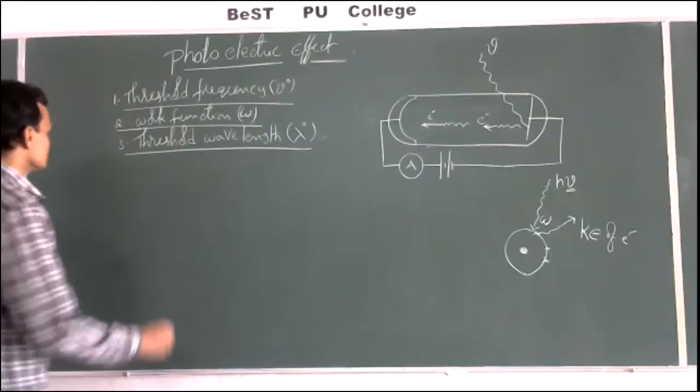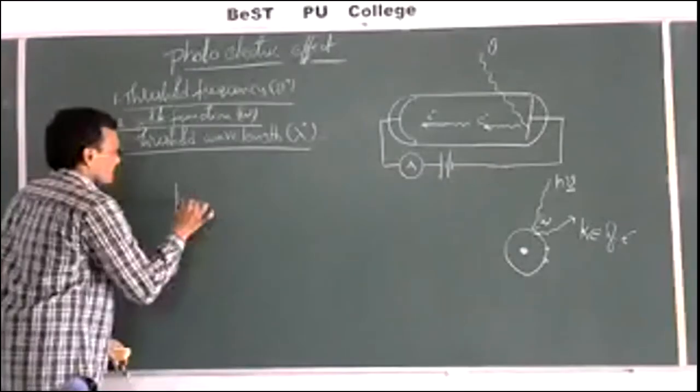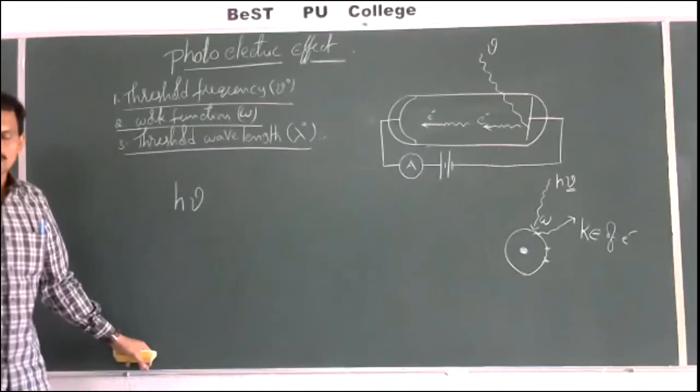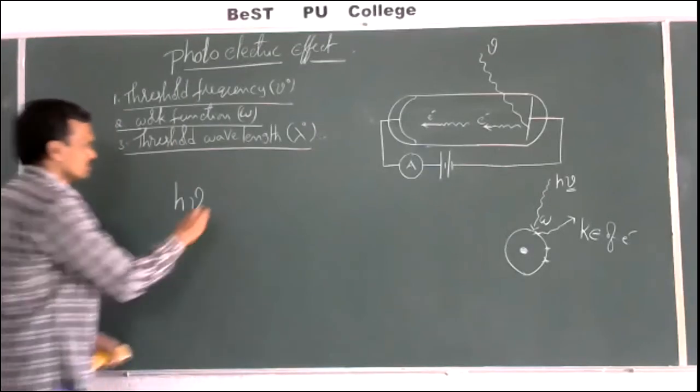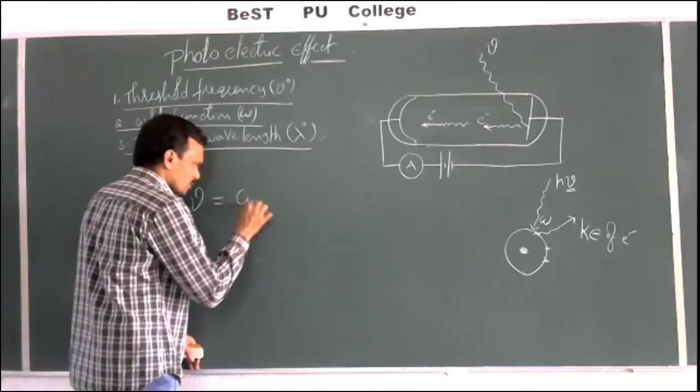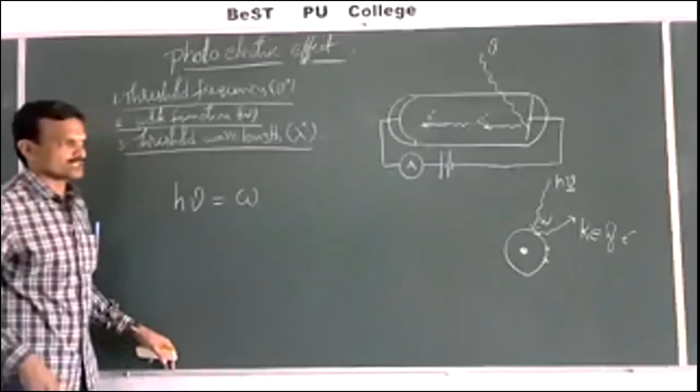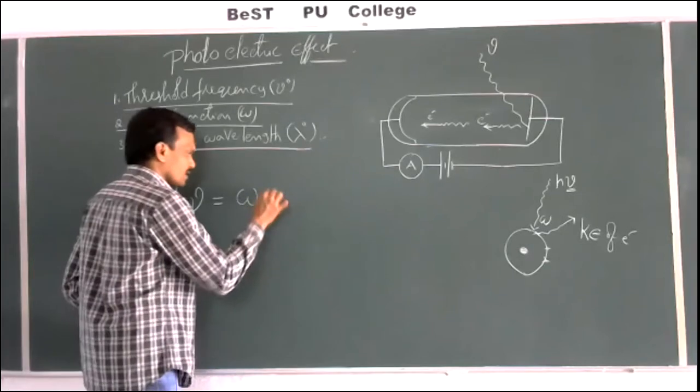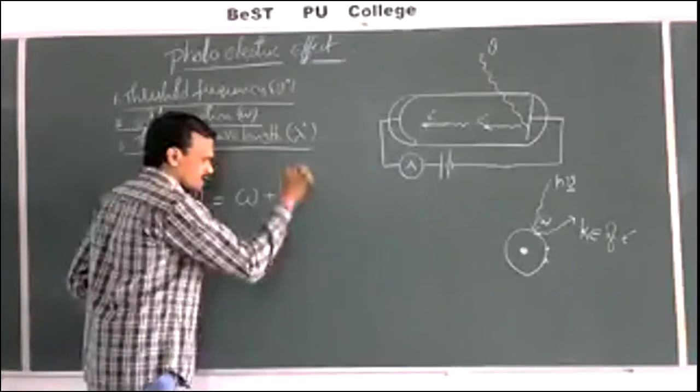That means, let h nu be the total energy of the radiation. This is equal to some amount of energy utilized for the ejection of the electron, and the remaining energy converted to the kinetic energy of the electron.